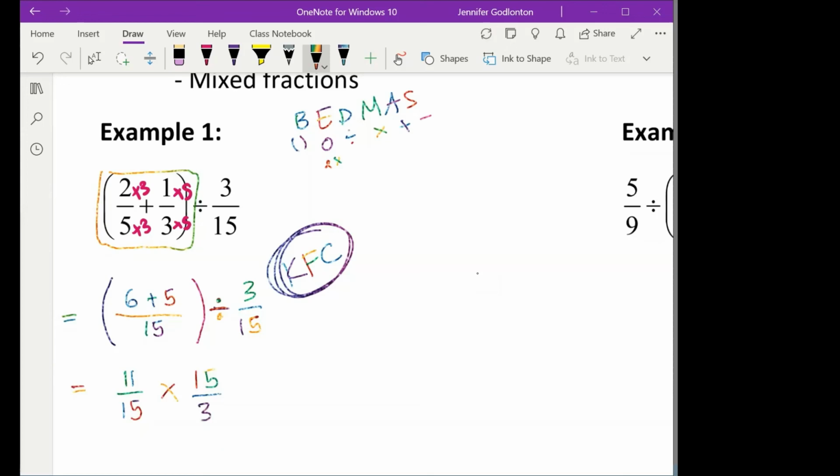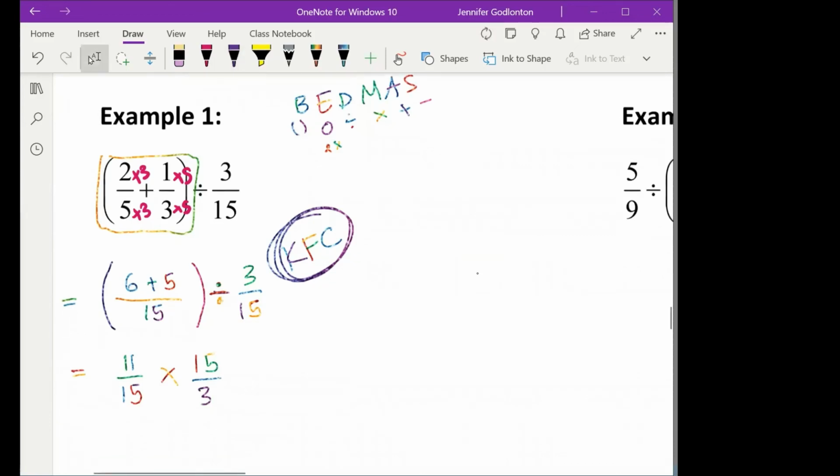Now that we are multiplying, what is something we're going to look out for to make our life a little bit easier before we multiply those numbers? We're going to see, can we cross simplify?